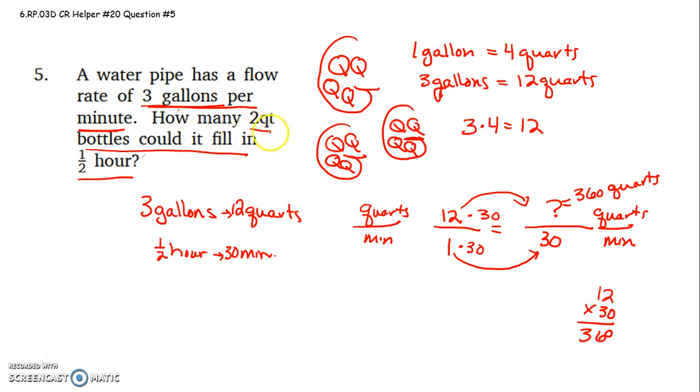But I want to know how many 2-quart bottles I can fill. So now I know I have 360 quarts in 30 minutes. How many 2-quart bottles could I fill? I'm going to set up another ratio for you, quarts to bottles.